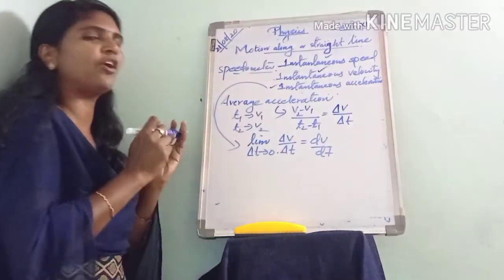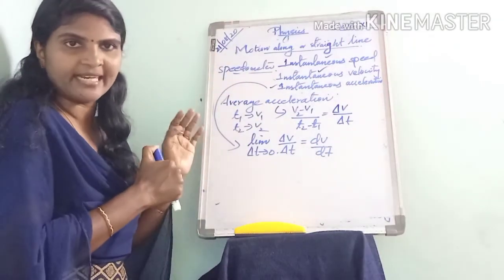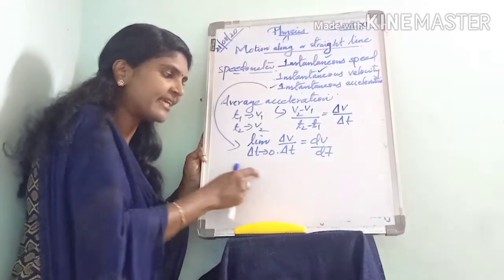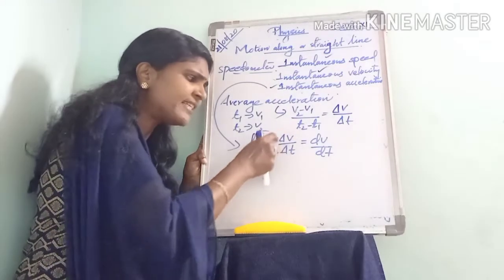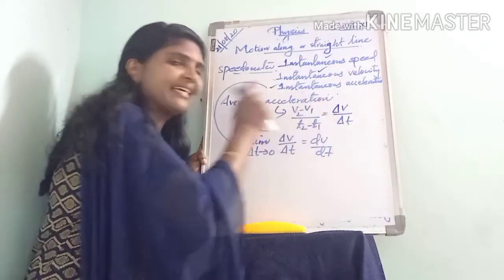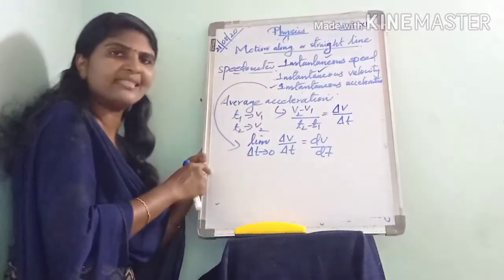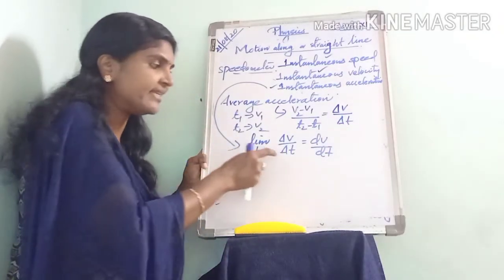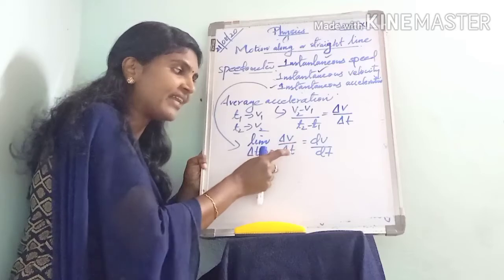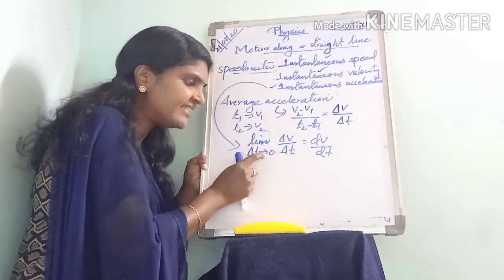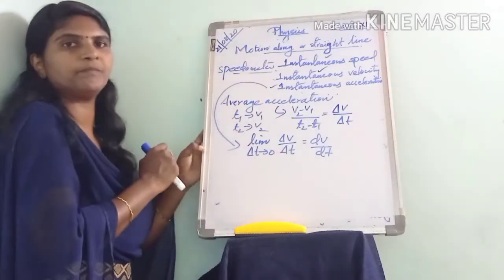This represents the instantaneous acceleration. So instantaneous acceleration is equal to the limiting value of average acceleration, delta v by delta t, when delta t approaches 0.